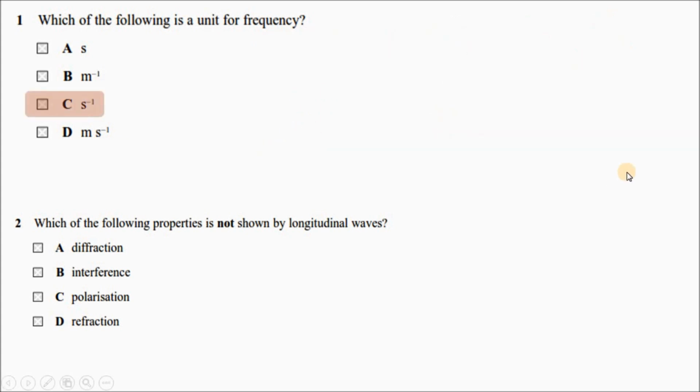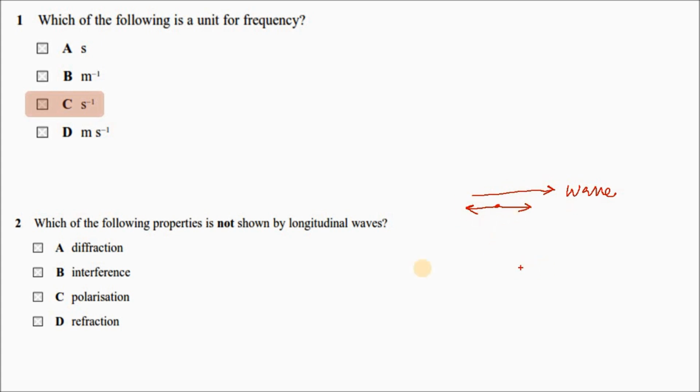Which of the following properties is not shown by longitudinal waves? Longitudinal waves are the waves in which oscillation of the particles are parallel to the direction of motion of a wave. So wave is moving horizontally, and the particle oscillating also parallel, meaning horizontally.